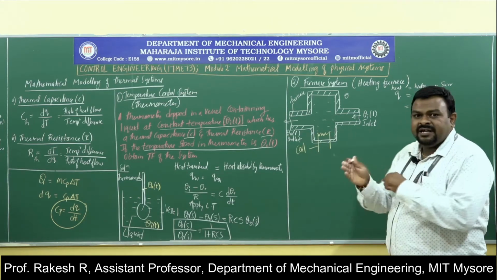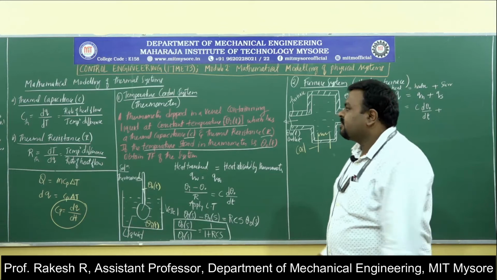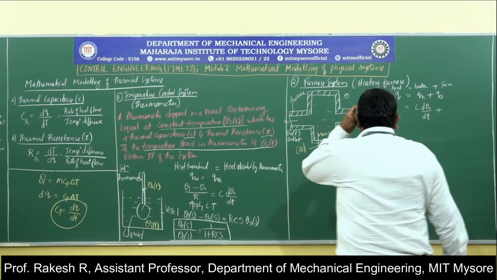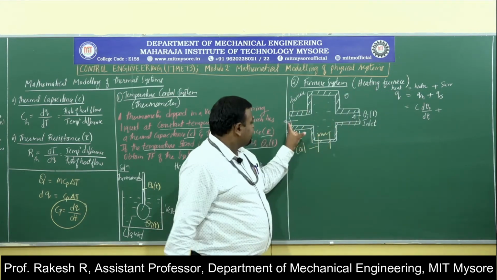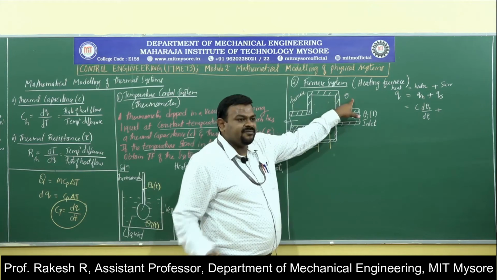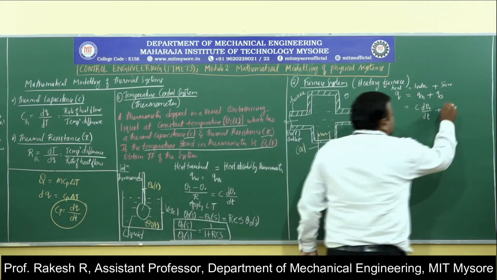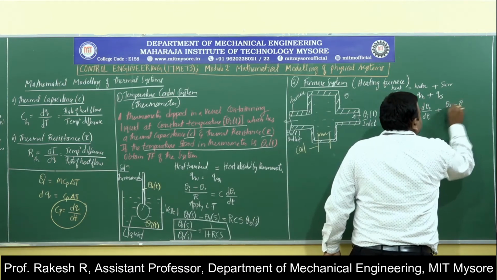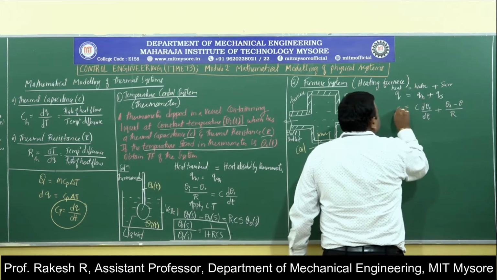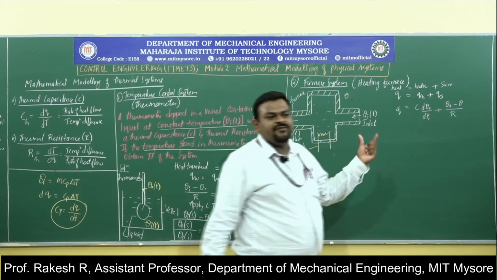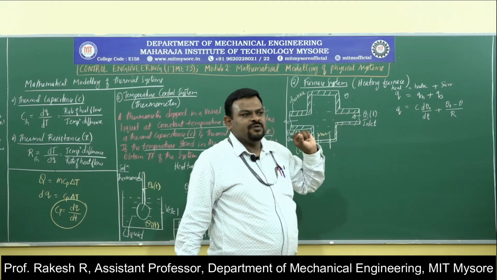And what is the heat transferred to the surroundings? It is theta naught minus theta, divided by R, if there is no insulation. So this is the equation for heat flow.